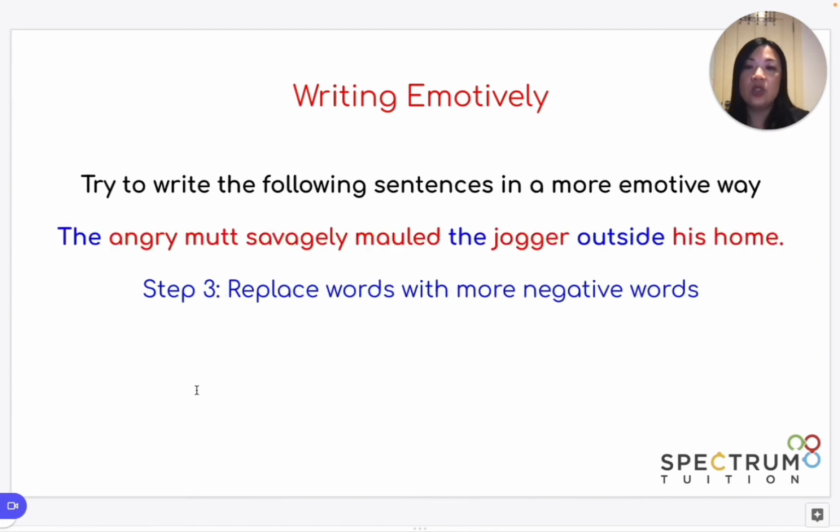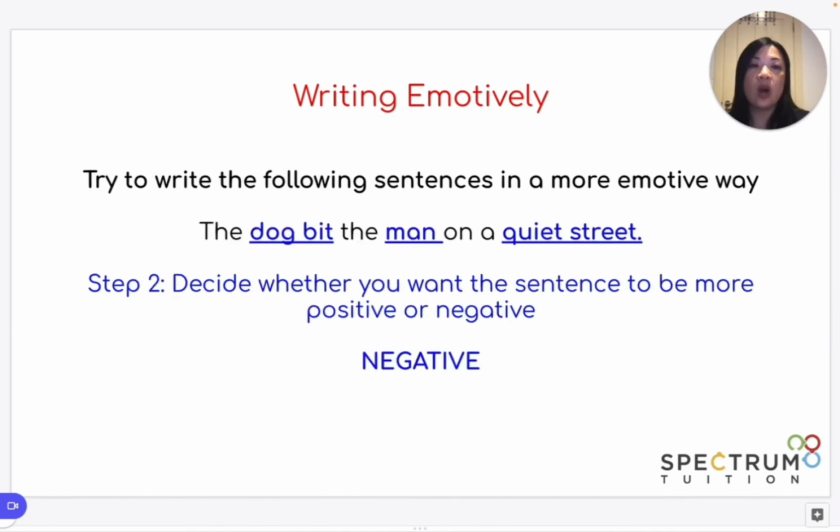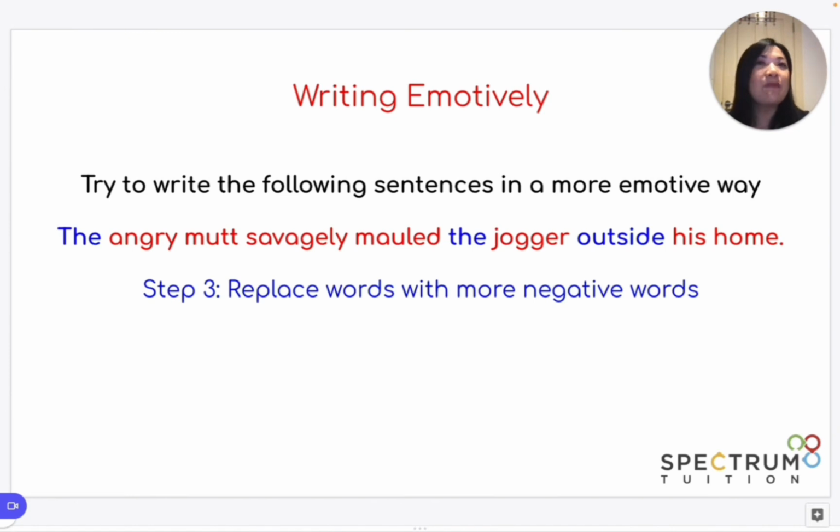And then what you need to do is to replace words with more negative words. So instead of the dog bit the man on a quiet street, we've got the angry mutt savagely mauled instead of bit the jogger outside his home. All right? So it means the same thing, but do you see how just the use of different words really changes the entire meaning of that sentence?